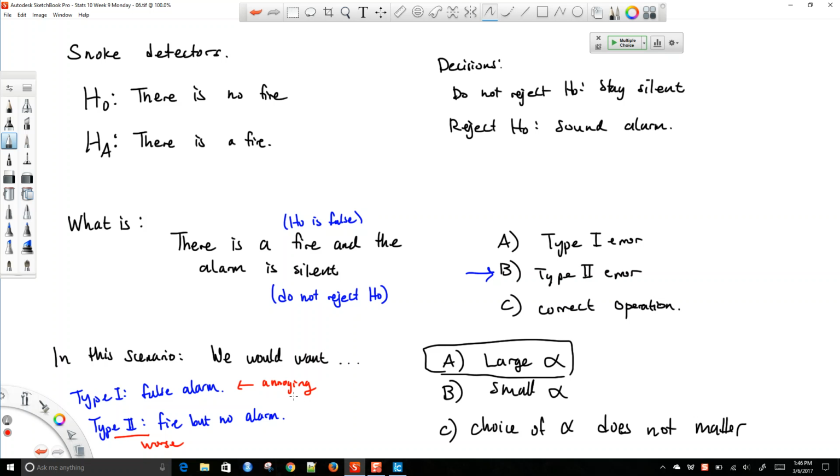I don't think people would want to buy that, right? We would rather have alarms that are overly sensitive than ones that are not sensitive enough.